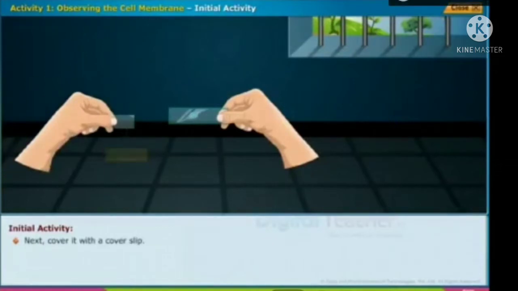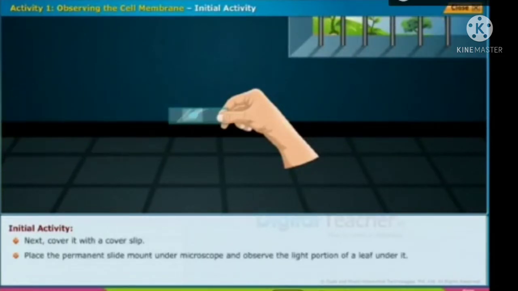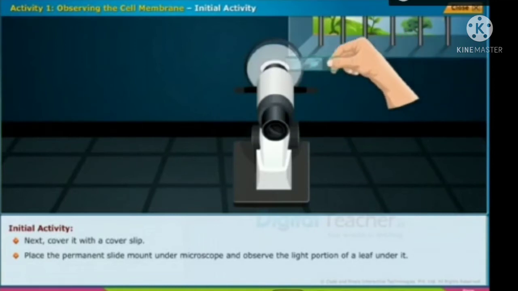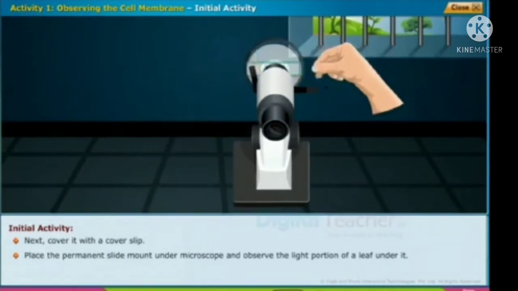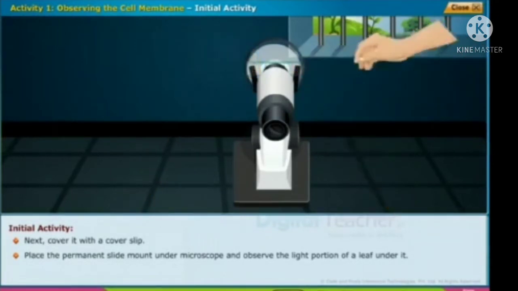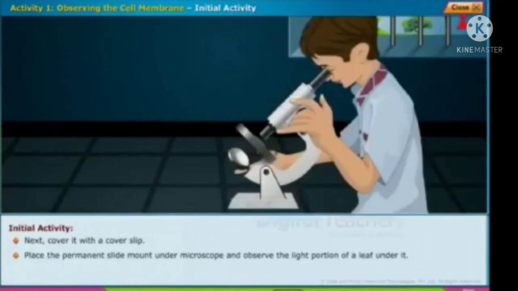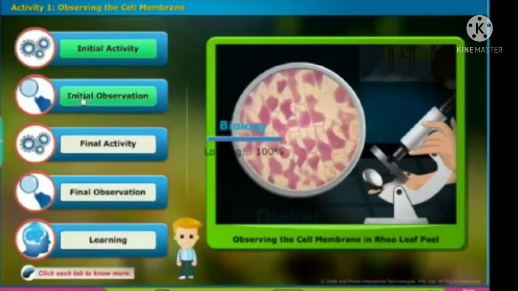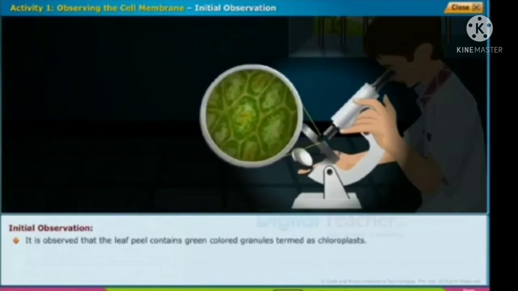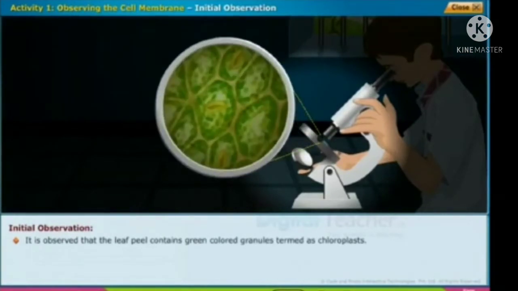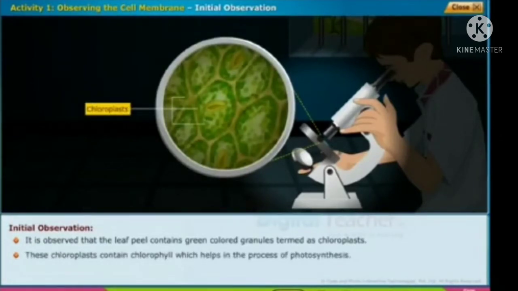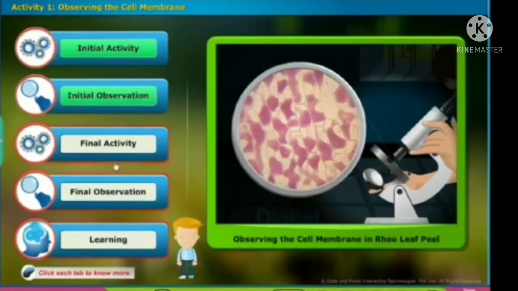Next, cover it with the cover slip. Next, place the slide under the microscope and observe the light portion of the leaf under it. The initial observation is that the leaf peel contains green colored granules termed chloroplasts. These chloroplasts contain chlorophyll which helps in the process of photosynthesis.